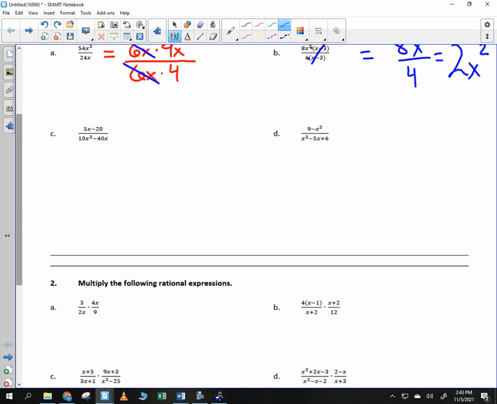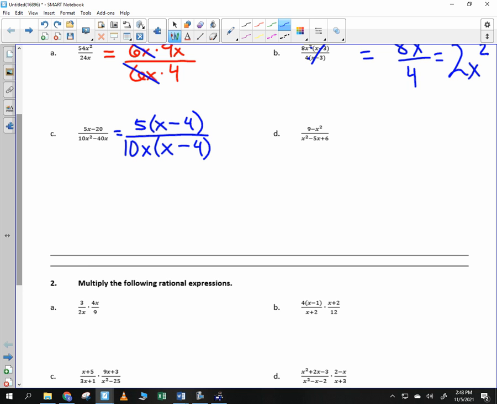You see, what's different about this problem is nothing is written in factored form yet. What can you factor out of the top? A 5. What can you factor out of the bottom? And when you factor out a 10x, we get, again, x minus 4.